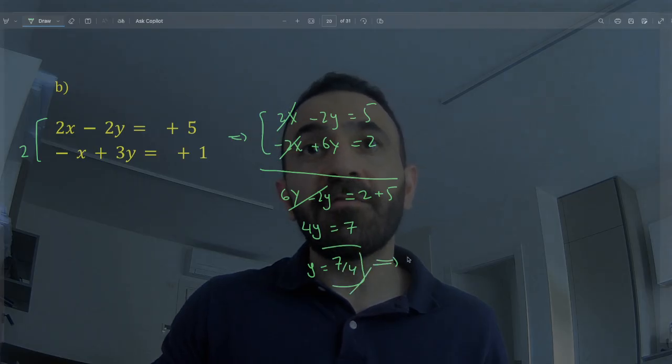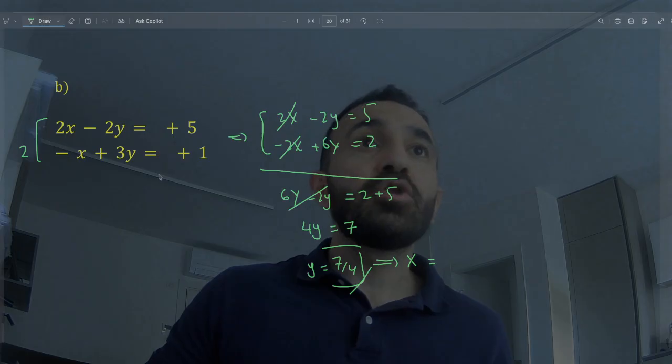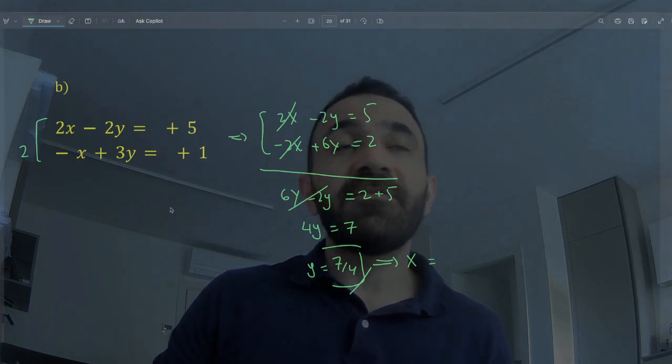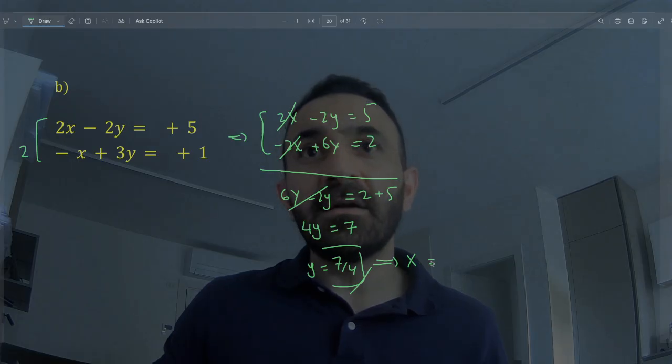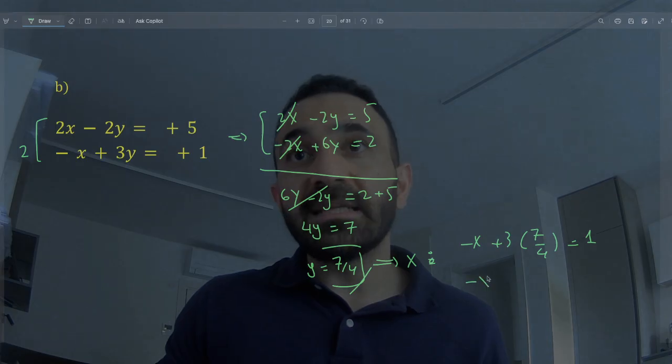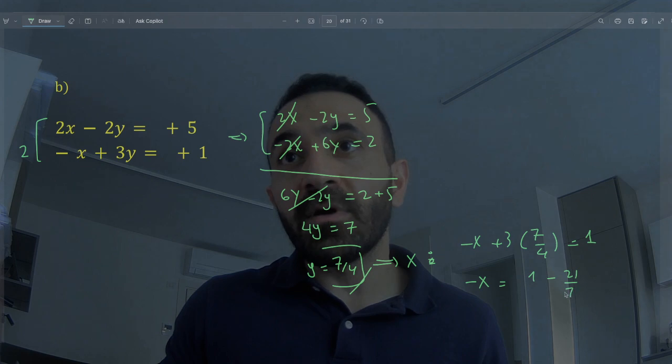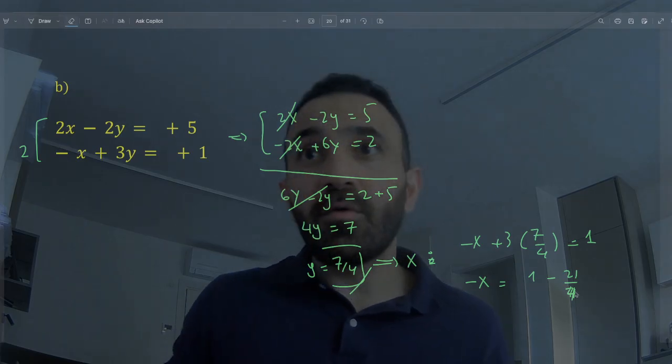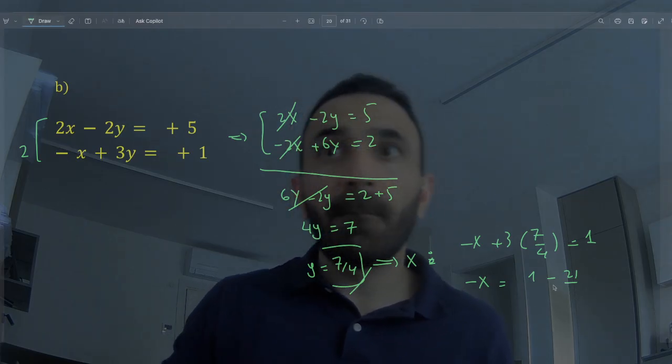That's it. How can I find the x value? Choose one of these two equations. I choose the first one because it's a little easier. And I say minus x plus 3 times y, which is 7 over 4, equals 1. So minus x equals 1 minus 21 over 4.